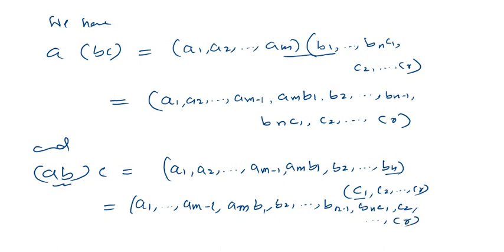So it's same as the above product. So therefore A(BC) is equal to (AB)C.